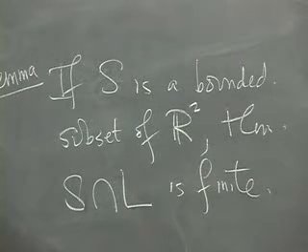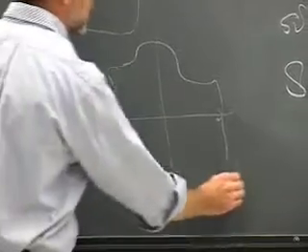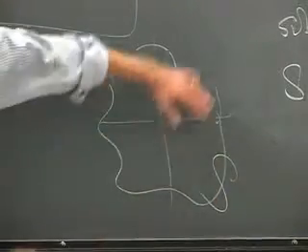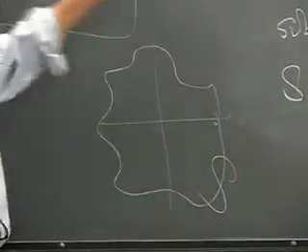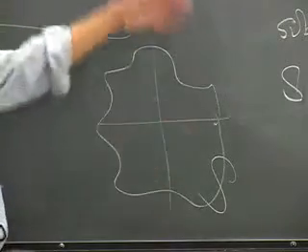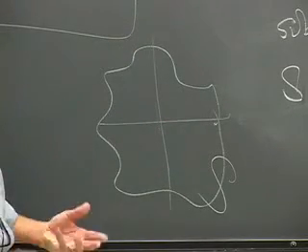Well, this is just back to your course in calculus or topology. Here's our bounded set. Any bounded set could be put inside of a large ball, so it's enough to show that any large ball which intersects L is finite.